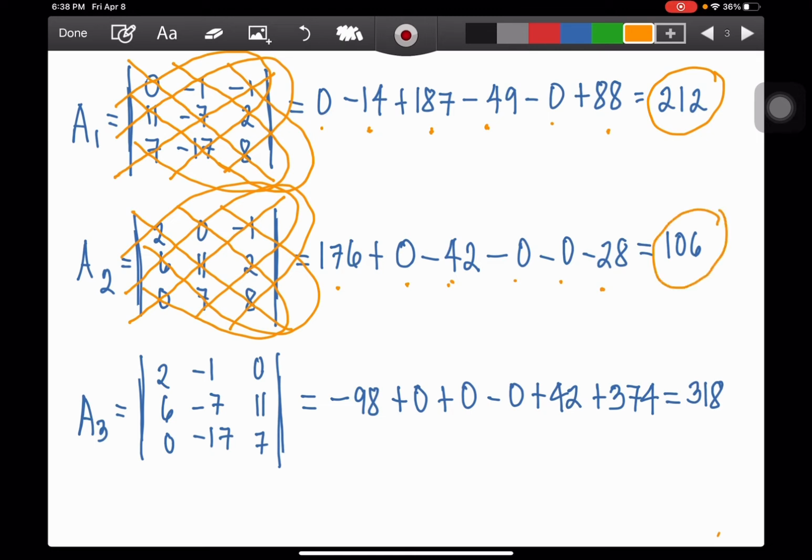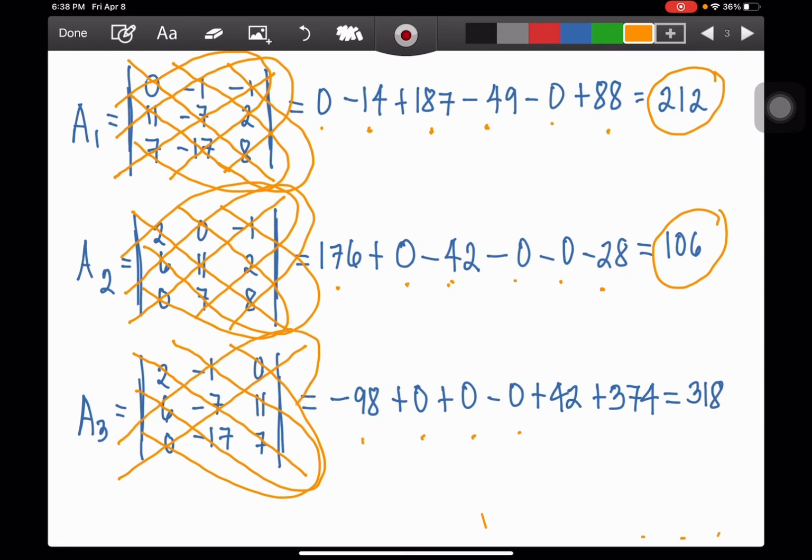And we have the determinant of matrix A sub 3. So 2 times negative 7 times 17 is negative 238. Negative 1 times 11 times 0 is 0. 6 times negative 17 times 0 is 0. So 0 times negative 7 times 0 is 0. 6 times negative 1 times 17 is negative 102.